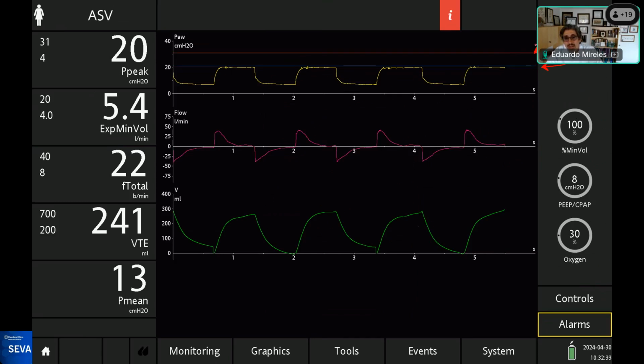One is an alarm, but the alarm sets the maximum inspiratory pressure for the ventilator. And so this is important for you to know, because in this case, I was just playing around with the settings. I changed the alarm and brought my limit down to 20, which brought down the tidal volume that the patient was getting.